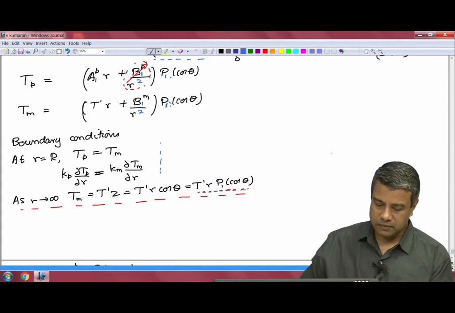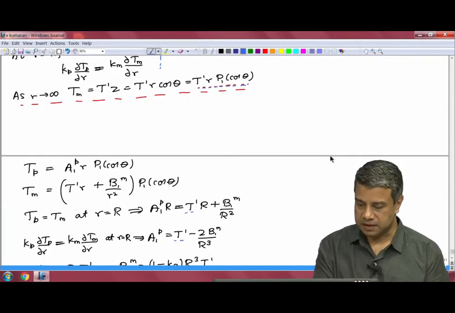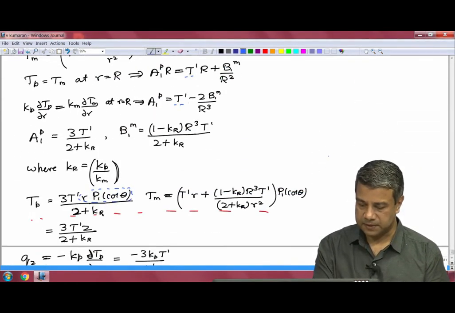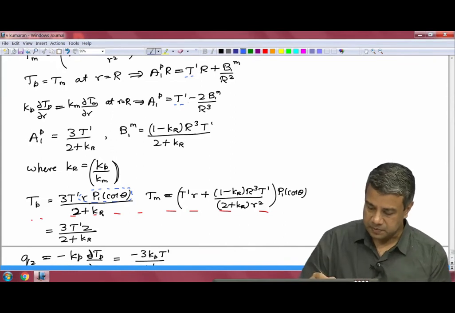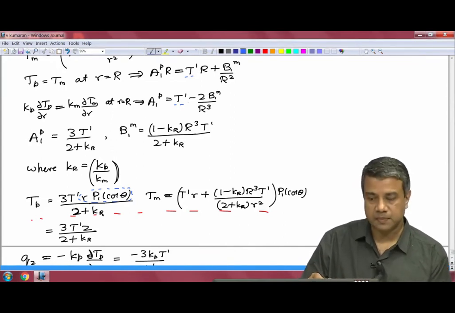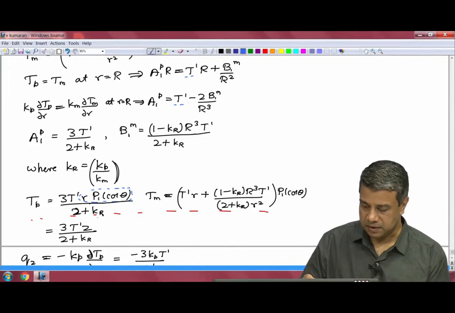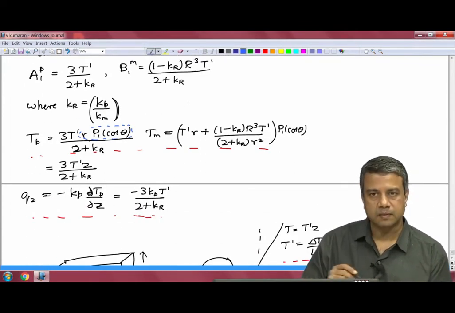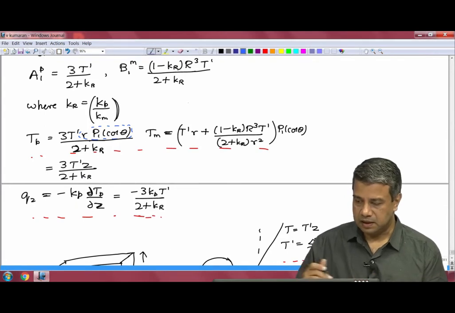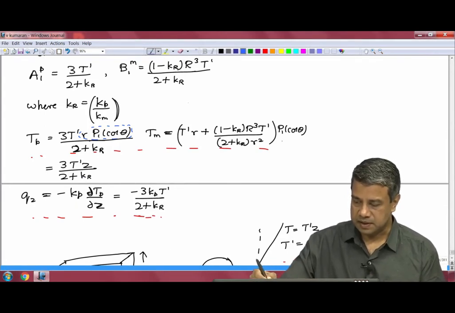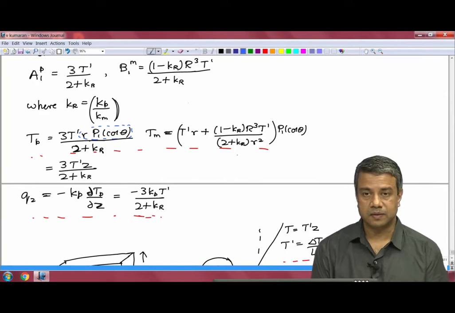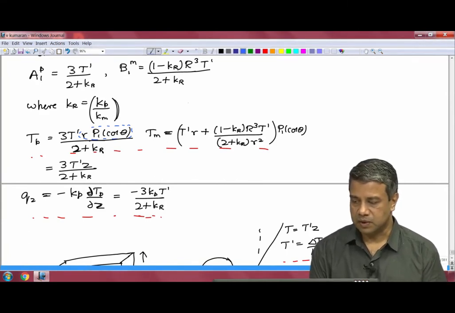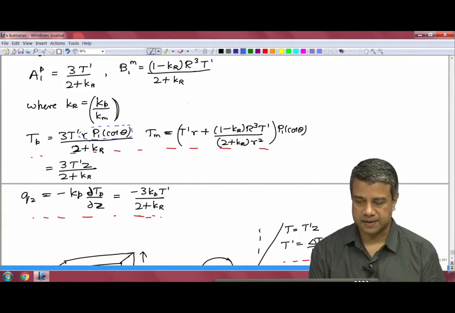And we had derived the temperature in the matrix and the temperature in the particle. The temperature in the particle was equal to 3 T prime r cos theta by (2 plus Kr), or 3 T prime z by (2 plus Kr). In the matrix it was T prime r plus this correction due to the presence of the particle, (1 minus Kr) r cubed T prime by (2 plus Kr) r squared.